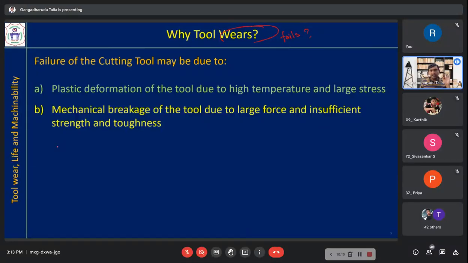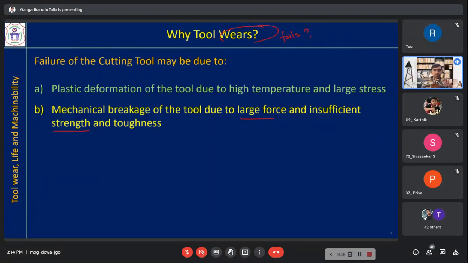Second, mechanical breakage of the tool. So the tool may break due to large force and insufficient strength and toughness. If there is heavy force coming onto the cutting tool, then obviously it may break because of high force. And the second is insufficient strength.